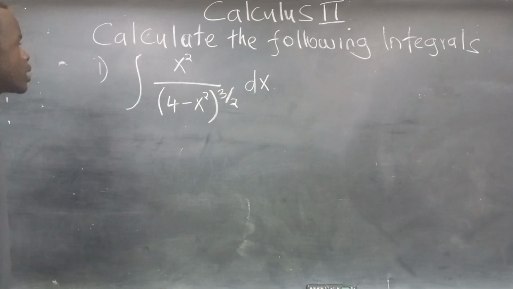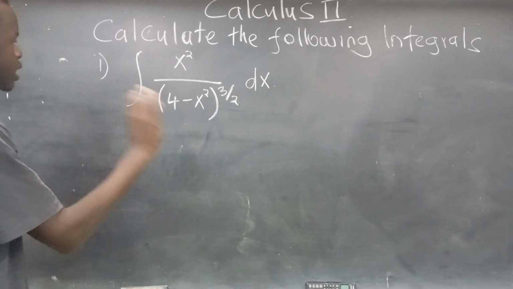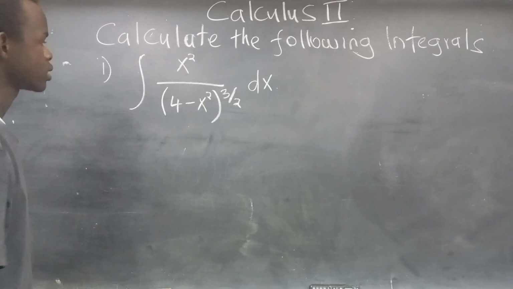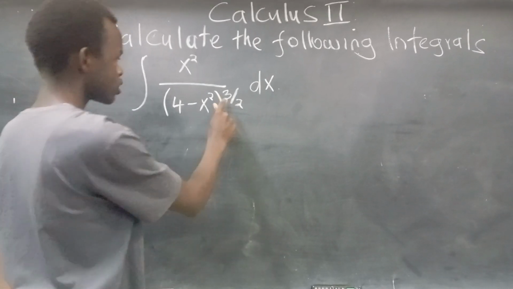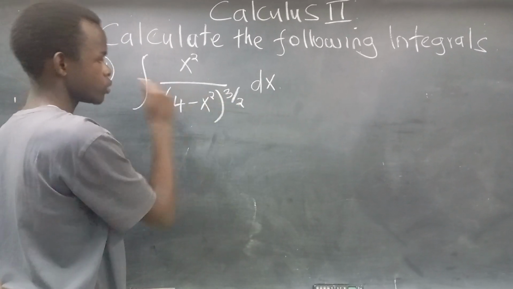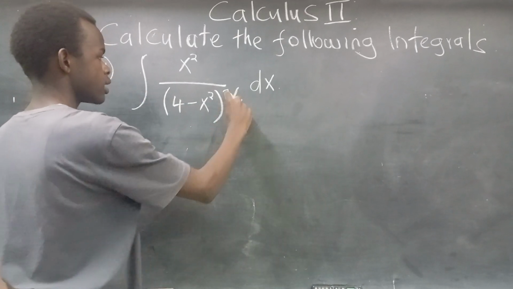Straight away, we'll start by trying to see what the integral is. As you can see here, it's being raised to 3 over 2, so this is just the same as the square root of this raised to power 3.